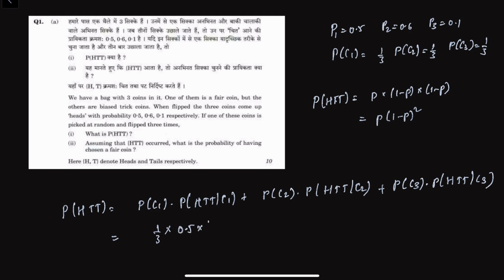So that is nothing but 1 by 3 into, so from coin 1 it will have a probability of 0.5 into (1 minus 0.5) whole square, plus 1 by 3 into 0.6 into (1 minus 0.6), which is 0.4 whole square, plus 1 by 3 into 0.1 into (1 minus 0.1), which is 0.9 whole square.